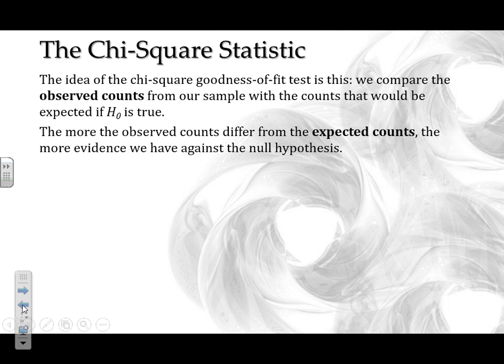Now, as far as observed and expected counts go, these are pretty straightforward. The observed counts are the ones you physically see within your sample. So in our problem, they would be the counts reported from that sample bag. So there were 8 blues and 9 whatevers and 16 whatevers and so on. That's how many were actually physically in the bag that we opened. Now, they gave us a stated distribution at the beginning, and they said that all of our colors should form these different proportions.